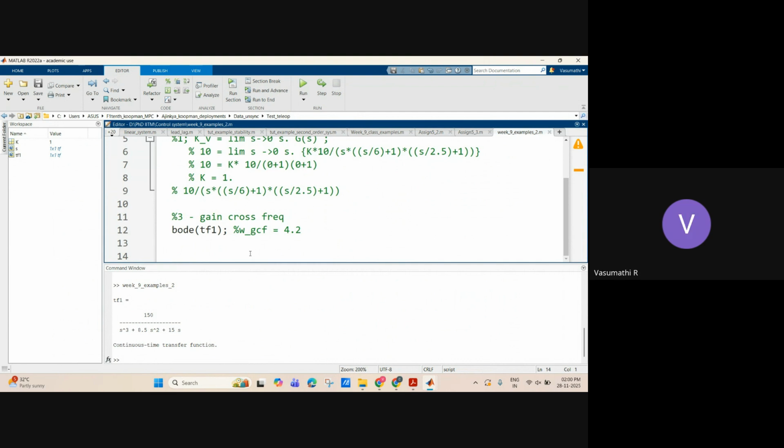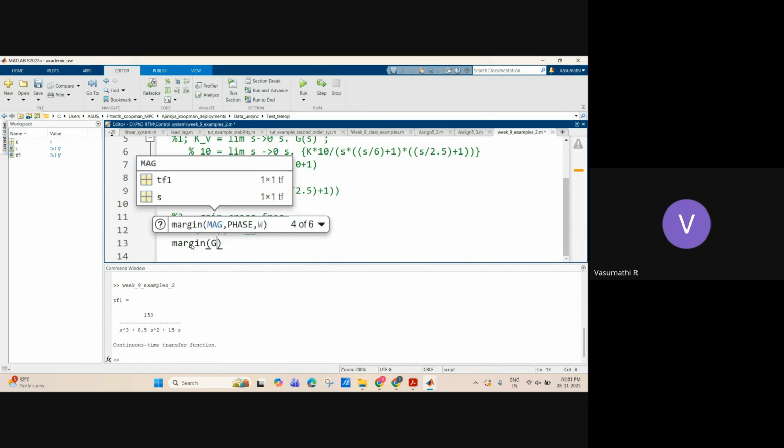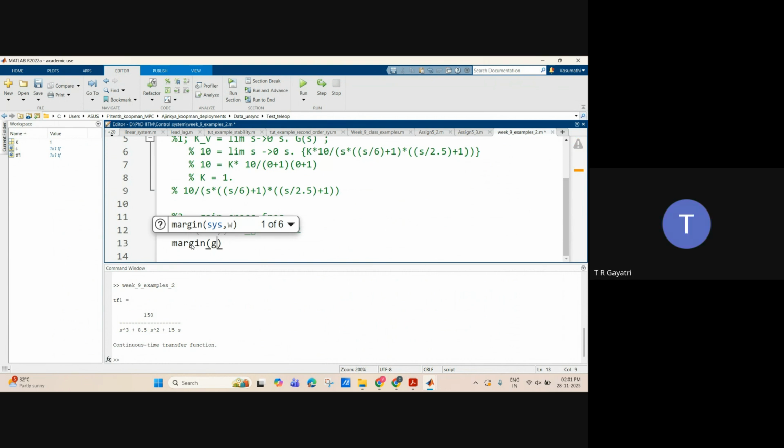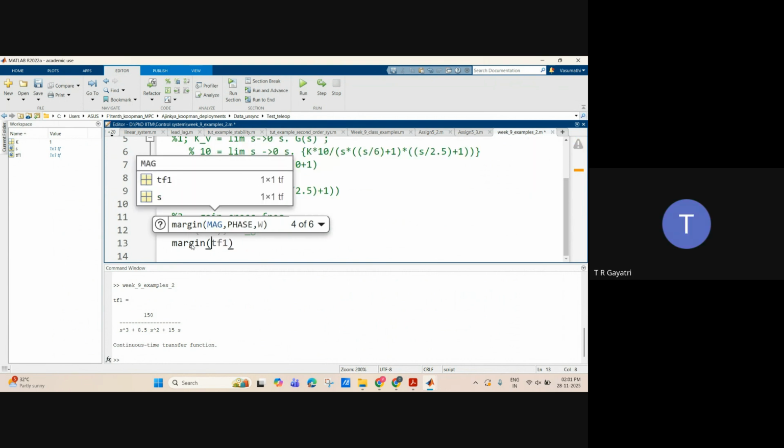I will type it here. Minus 20 log of 1 by root of. Oh, okay, okay. If you find the margin of this, there is a... I mean, can't we find it from the graph directly, ma'am?